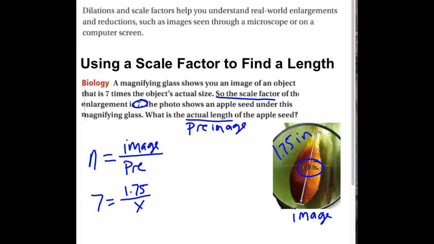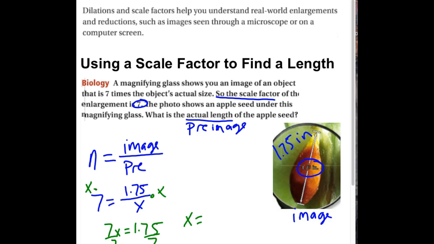Now, you've solved equations like this before when we did trig. When you have x in the denominator like that, you really want to multiply both sides by x. You get 7x equals 1.75. Now we have to finish solving for x by dividing both sides by 7. Type that in, 1.75 divided by 7, hit enter.